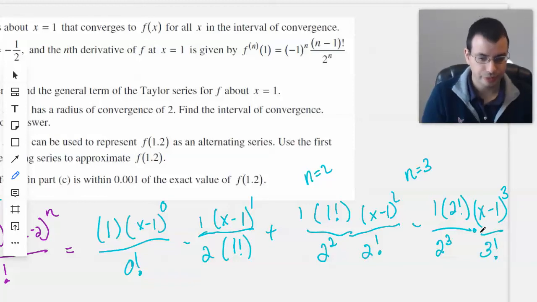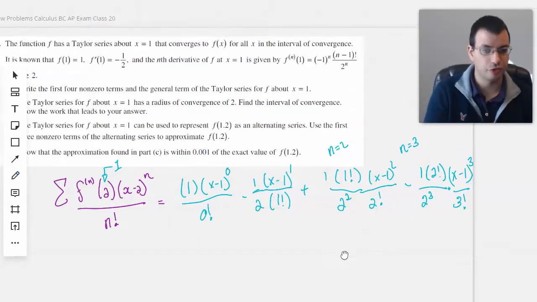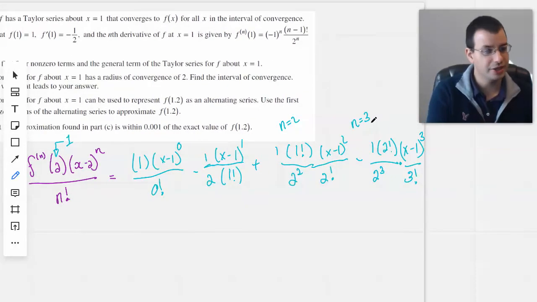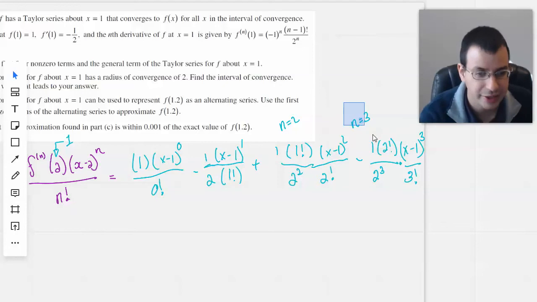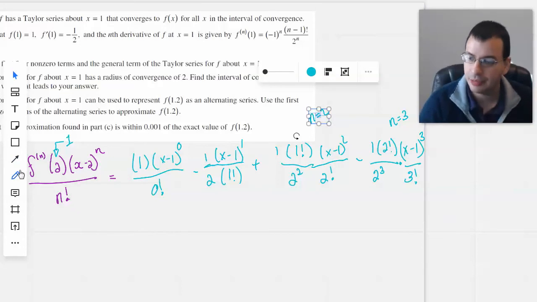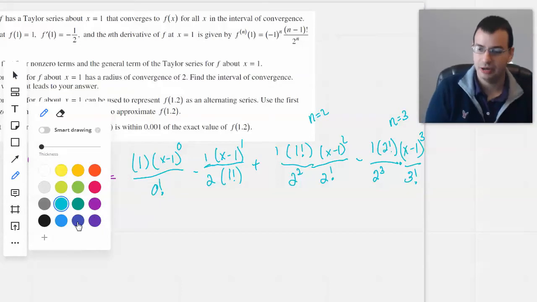Okay, so these are the first 4 terms. We want the first 4 non-zero terms. It only goes up to n equals 3 because n equals 0 counts as a term. And so now they probably want us to simplify these a little bit.